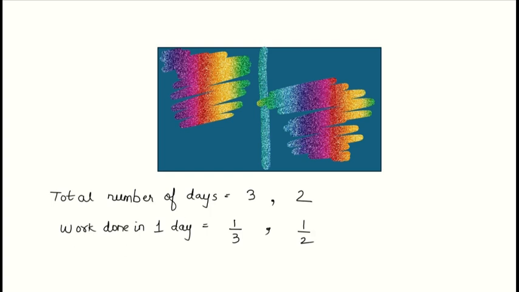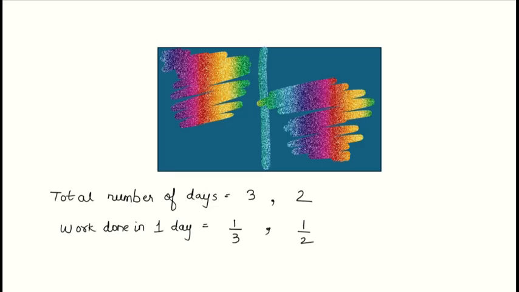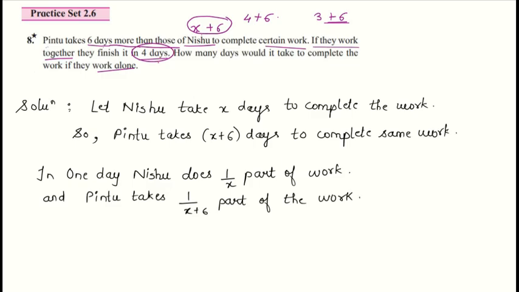So here, as Nishu is taking X days to complete certain work, what is the number of days? X. And how much work is she doing in one day? It will be 1 upon X. So as we are solving this, let us take Nishu as X days to complete the work. And as per the question, Pinto takes X plus 6 days to complete the same work.